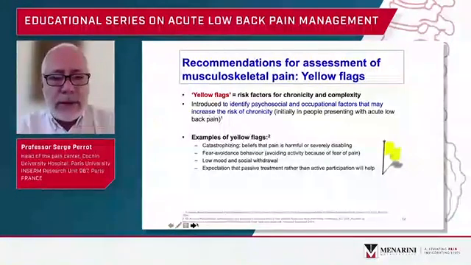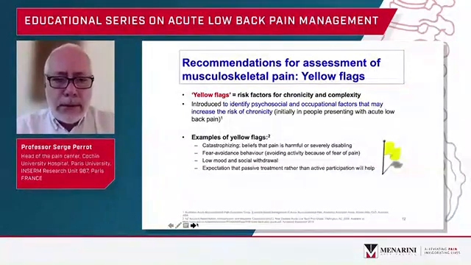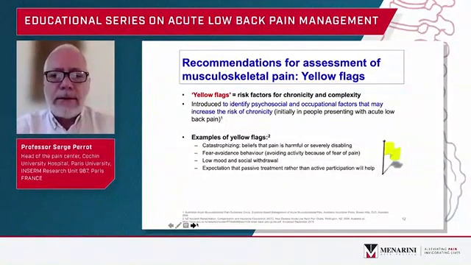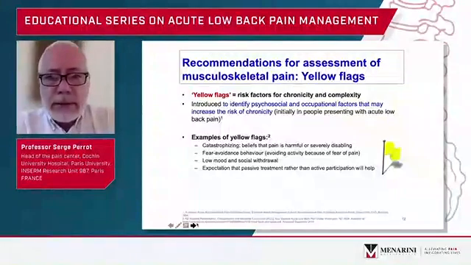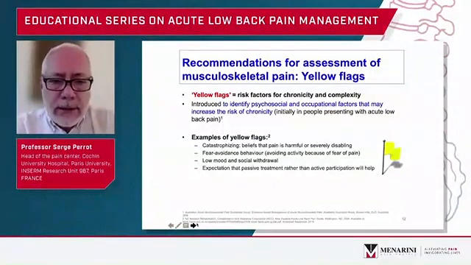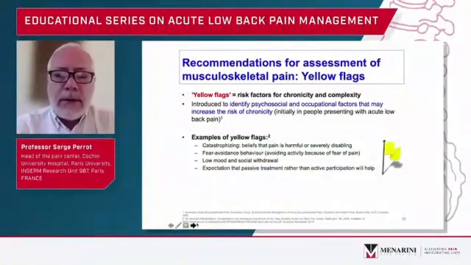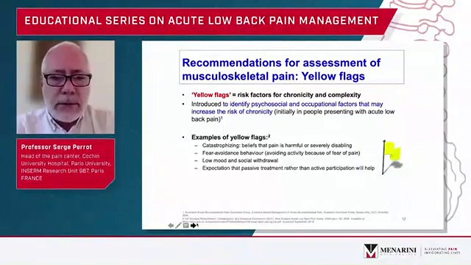It means the risk factors for chronicity and complexity, because back pain has a huge impact on daily life activities, on work, on occupation, and it is very important to detect these risk factors for chronicity in patients with acute back pain. For example, we should look at what we call catastrophizing, that is the belief that pain is harmful and that there is a risk of severe disability because of the pain.